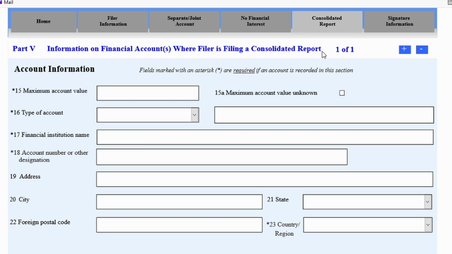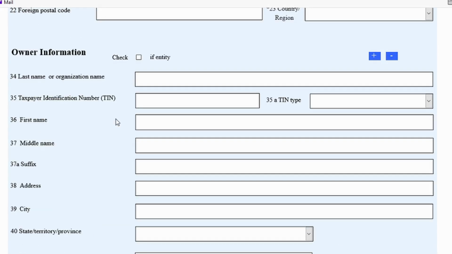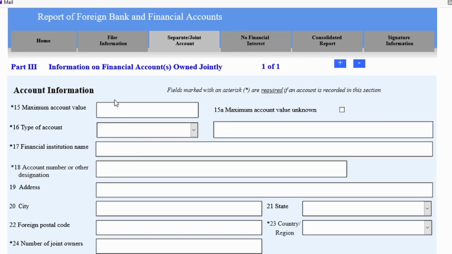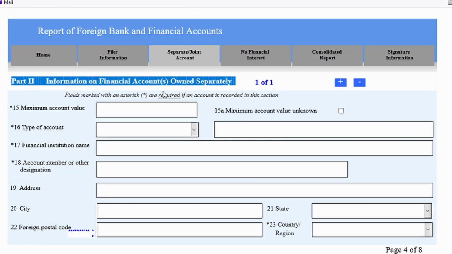This is where a company has many subsidiaries and owns those subsidiaries 50% or greater, so that they don't have to file a report for every single one of those subsidiaries. They file a consolidated report. So most of these are not applicable to most everyday people. Usually it's only Part 3 for married people or Part 2 for single filing individuals.